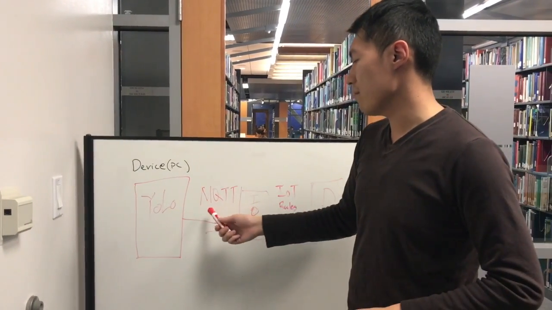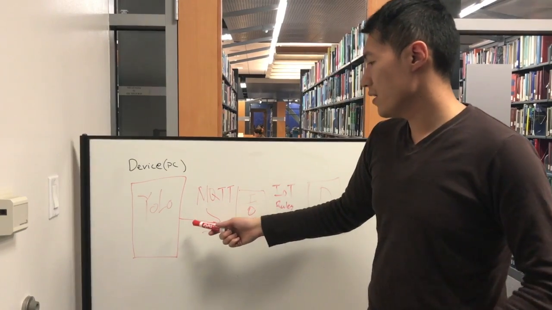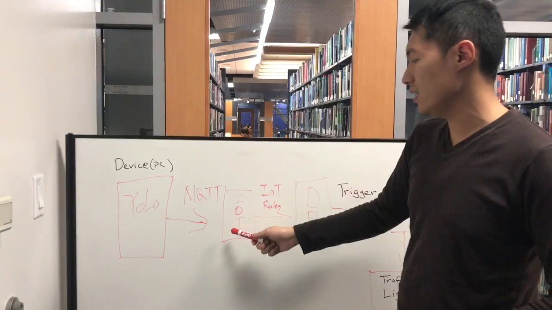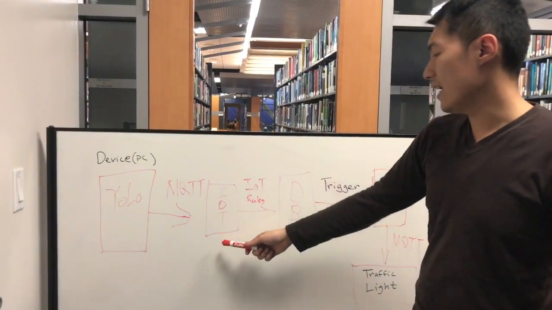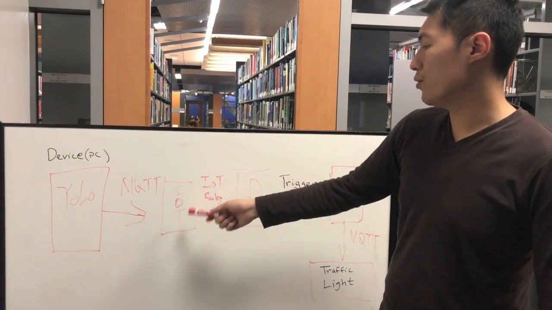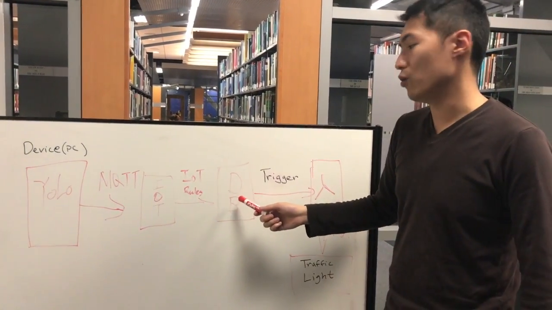And then we use the MQTT connection and upload the data in JSON format to AWS IoT, and then the AWS IoT will trigger the rules and then push the data into the DynamoDB.